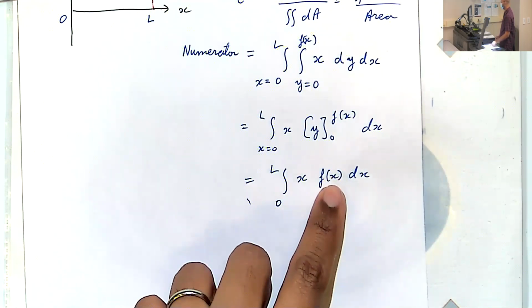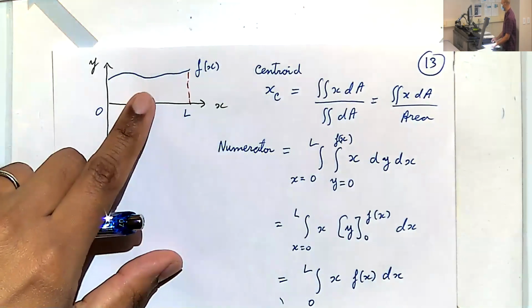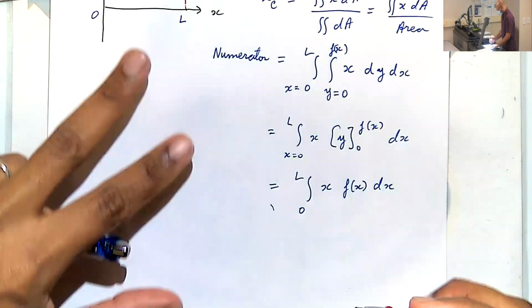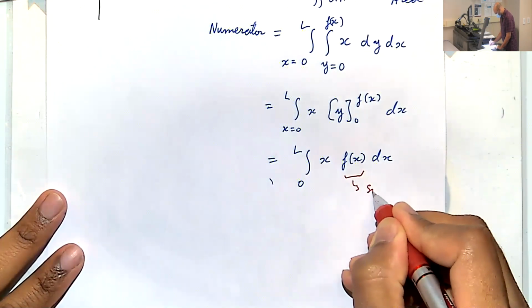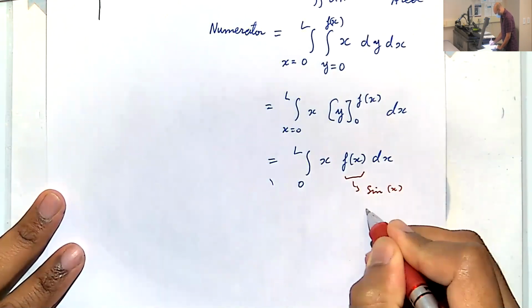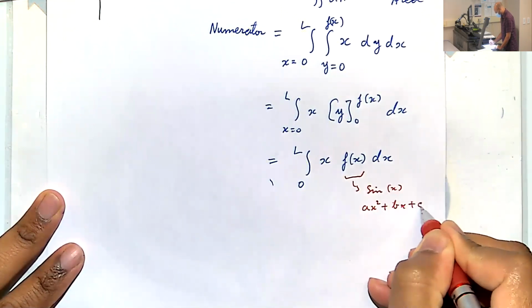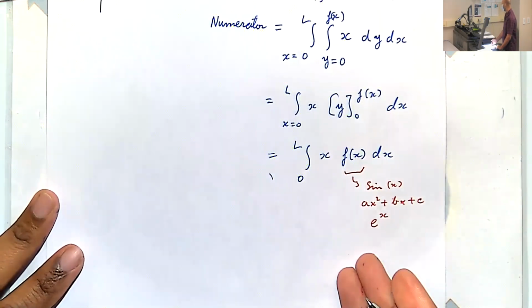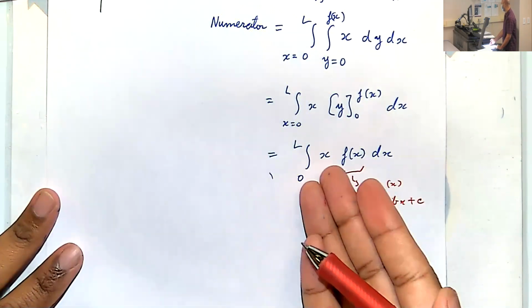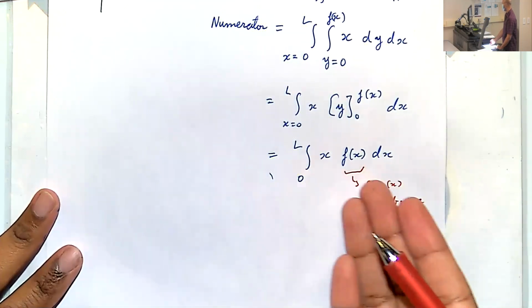This is a function of x. We don't know what this looks like. I didn't tell you the curve looks like ax squared or so, this could be whatever. This could be sine x. This could be x squared plus bx plus c. It could be exponential x. Okay, it could be whatever. But unless I tell you this looks like something, you don't know how to integrate this.